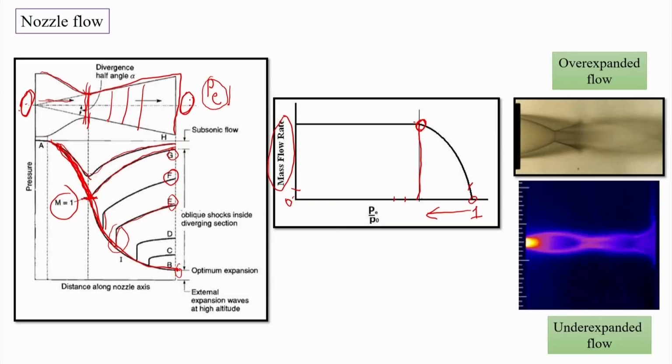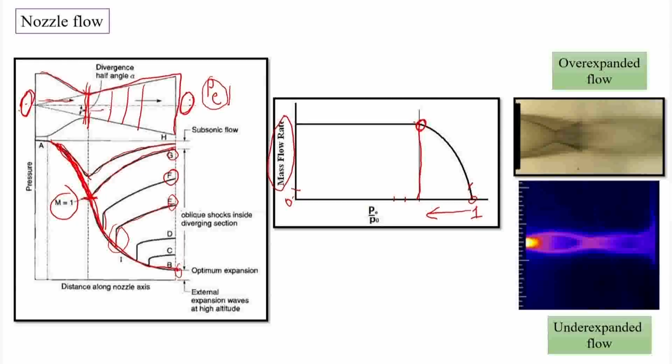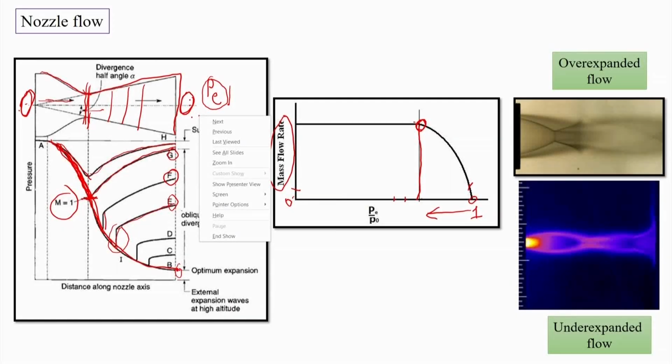If there is a shock in the nozzle, it means the flow is expanded, but if the flow would continuously expand till the exit, it would go to a pressure much lower than the exit pressure, which is not expected. So, this is called the over expanded condition.